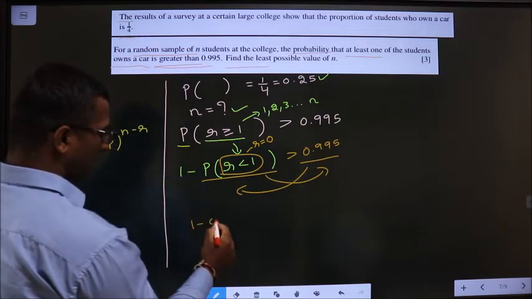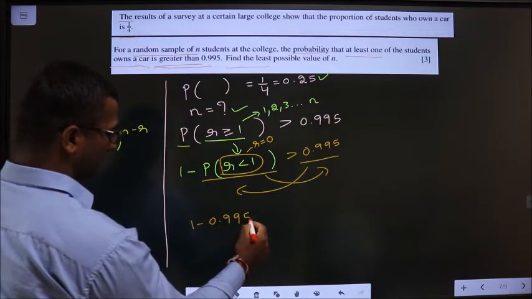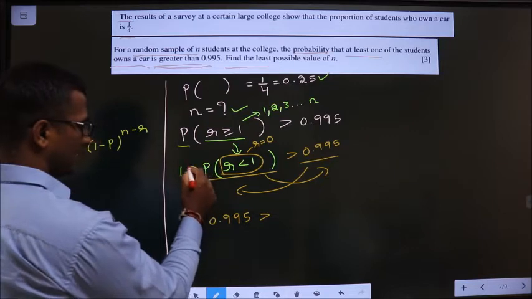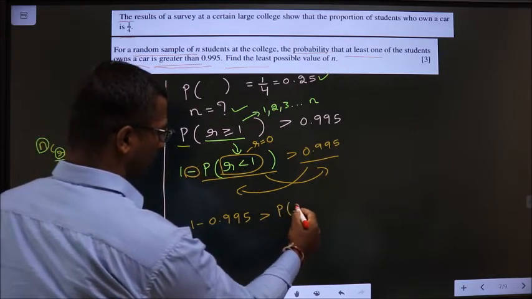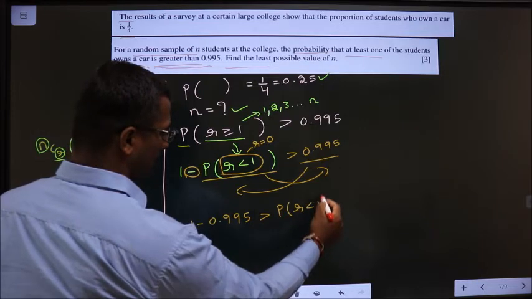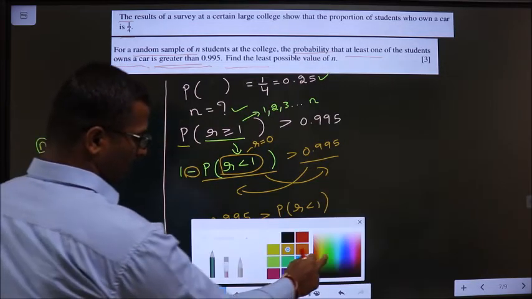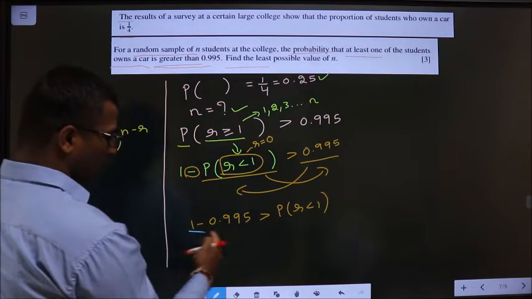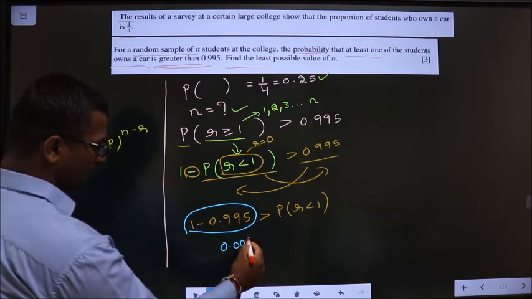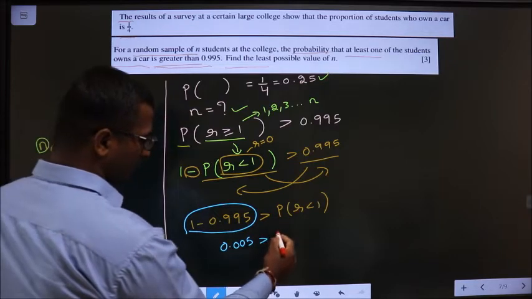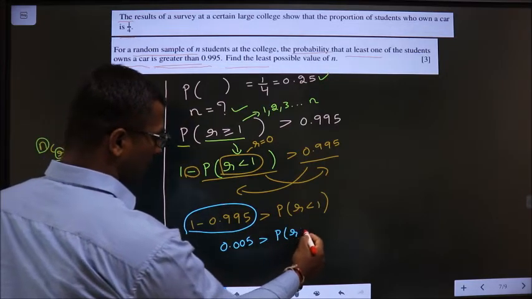So, I get 1 minus 0.995. Here it is negative. When you are shifting, it will become positive. r less than 1. Now, 1 minus 0.995 will be 0.005, greater than. Here r less than 1 means r is 0.